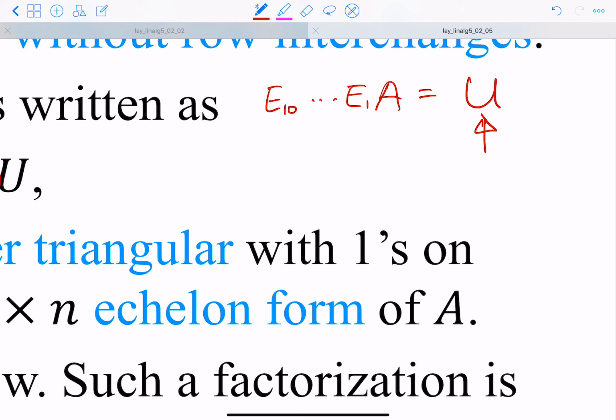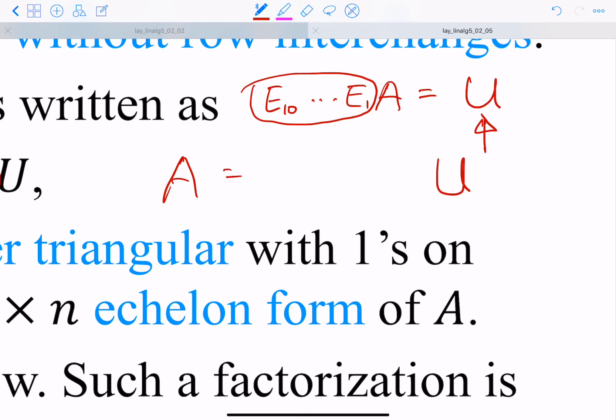Now, we already studied that each elementary matrix is invertible, and the product is also invertible, so we can freely move the left part of the matrices to the right-hand side. In that case, A is what?